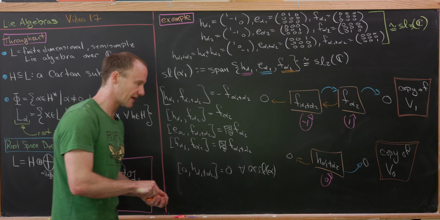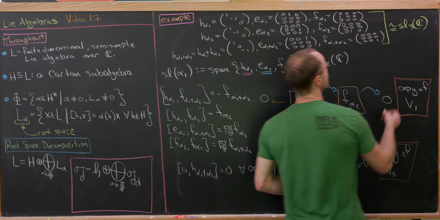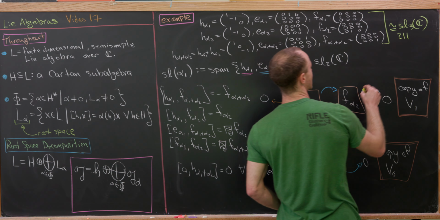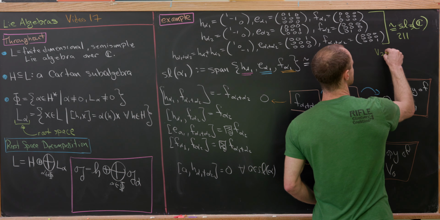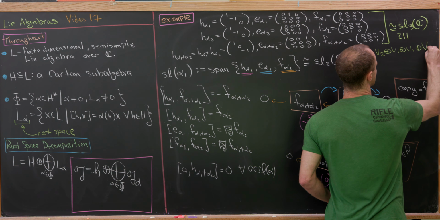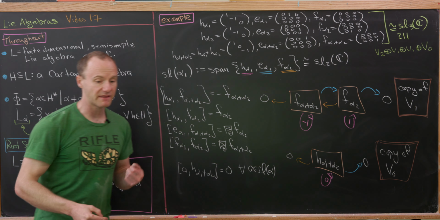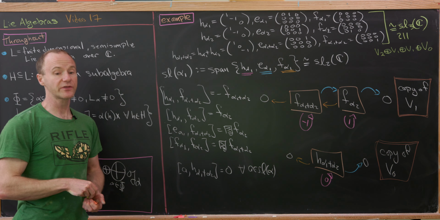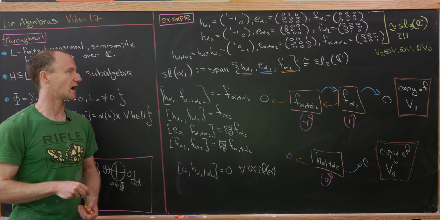Putting this all together, as an SL2 module, SL3 is isomorphic to V2 direct sum V1 direct sum another copy of V1 direct sum V0. And there we've done it. We've done this decomposition of SL3 with respect to one of its SL2 copies.